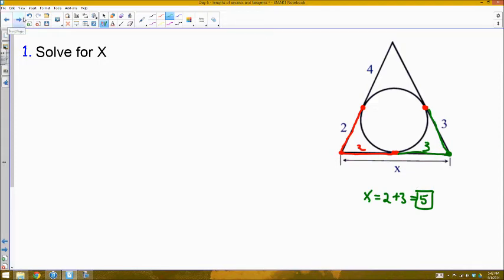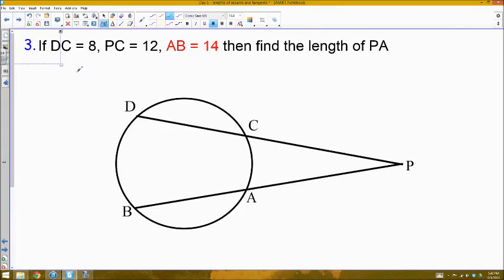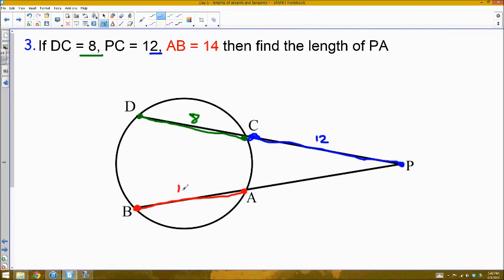Let's look at an example with some secant segments. Here, I have two secants drawn to a common point, P, that are secant to this circle, where DC is 8, PC is 12, and AB is 14.